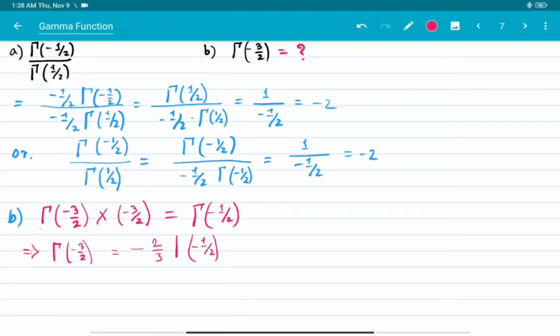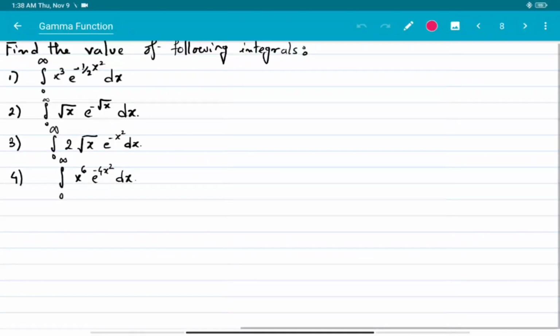With one more step, we get minus 2/3 times minus 2, and this is minus half, times gamma of minus half. Now your task is to figure out the value of these. I hope you can do it yourself. I am moving to the next problem.